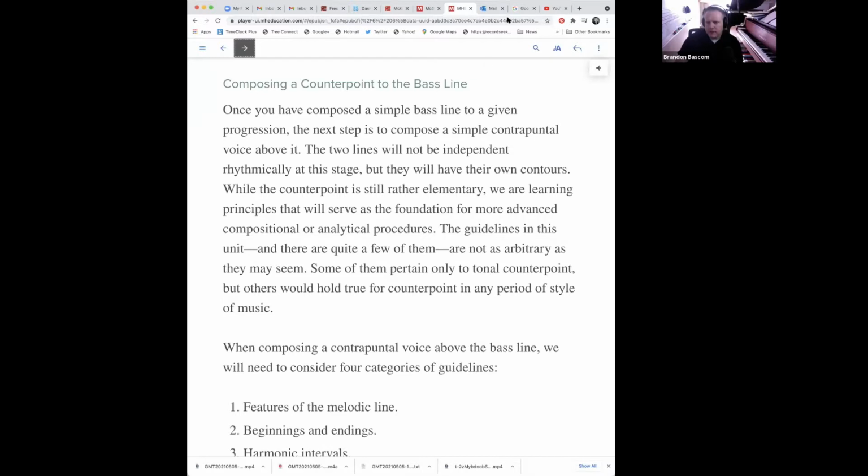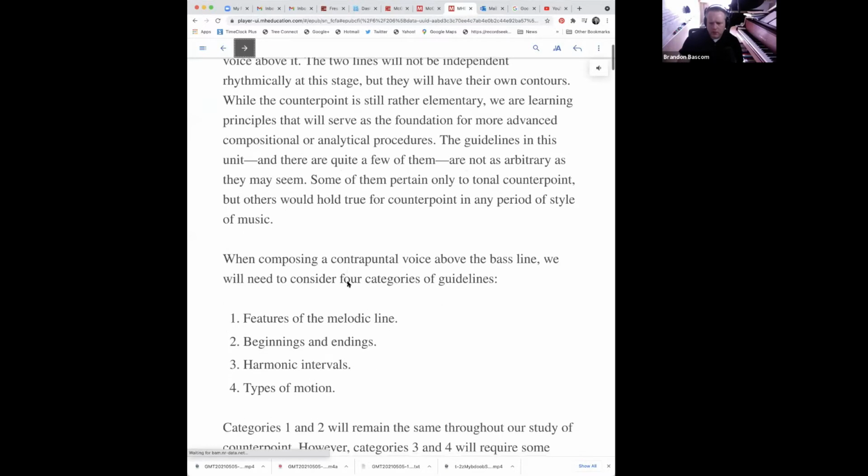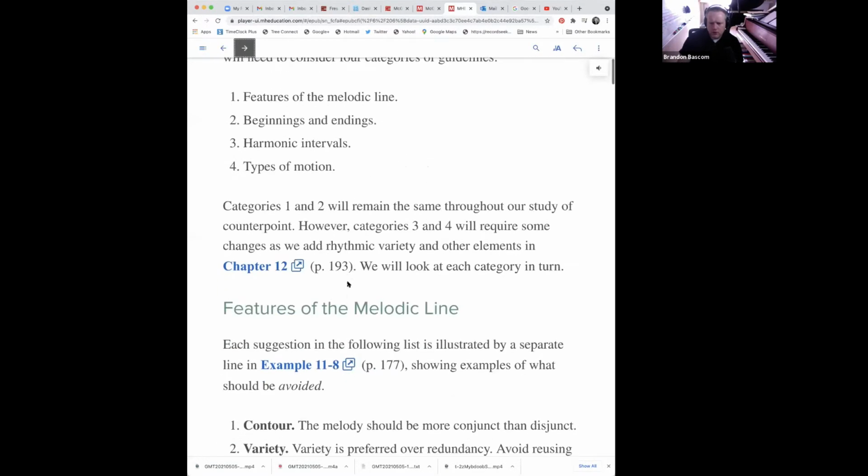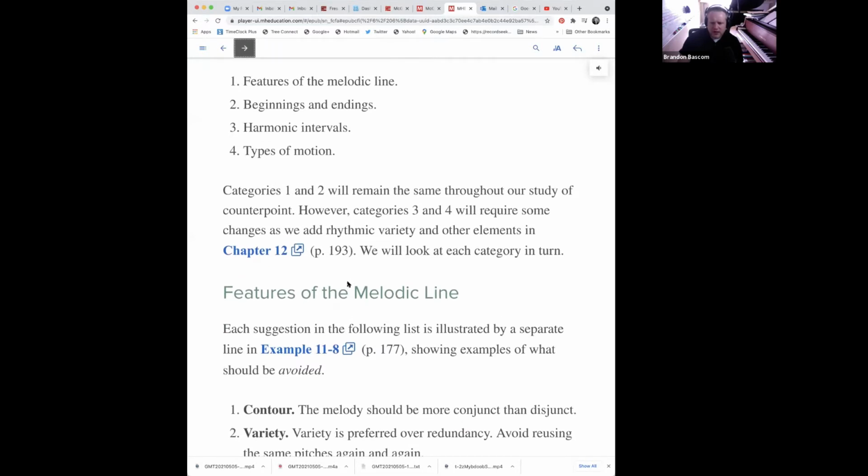Okay, so different types of errors. Features of the melodic line. So contour, more conjunct than disjunct. Variety is preferred.